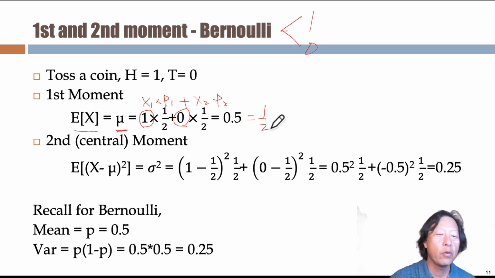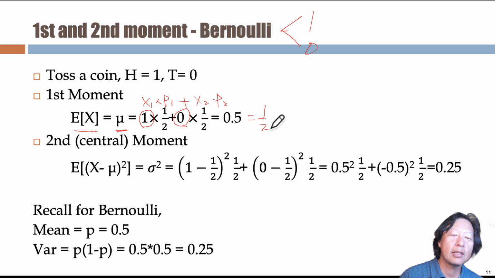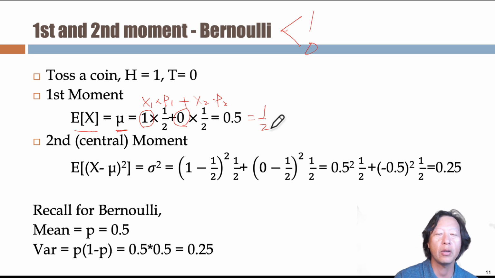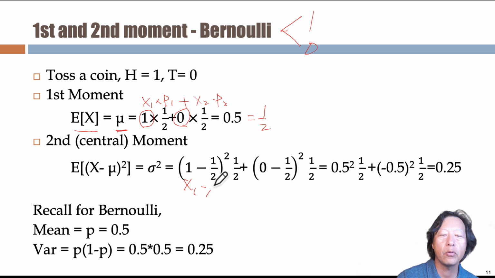Now we can calculate the second central moment, because that's our variance. We take x1 minus mu, which we already calculated, square it, and multiply by probability 1.